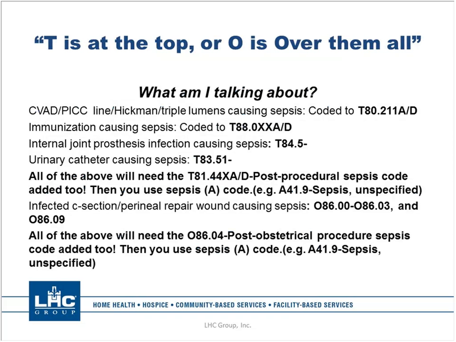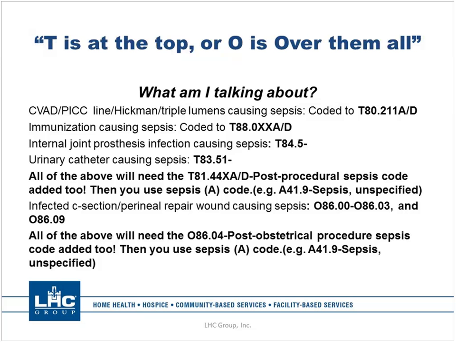So when you have an infection because of a central line or a port or a CVAD or something like that, and especially if it's causing sepsis, this is a bloodstream infection caused from a catheter, and you're going to be using a T80.211, either an A or a D, depending on the care code. So you're probably going to want to have this handy.